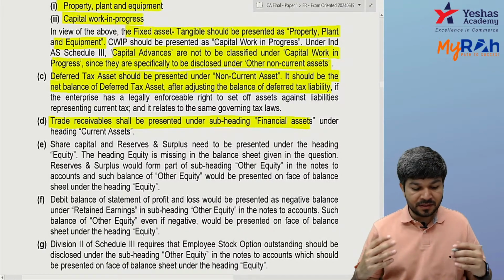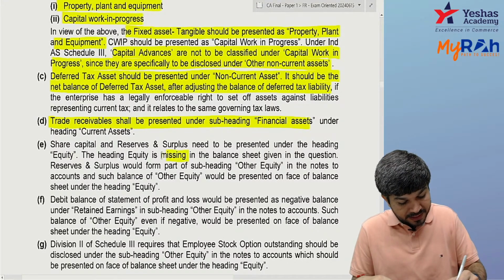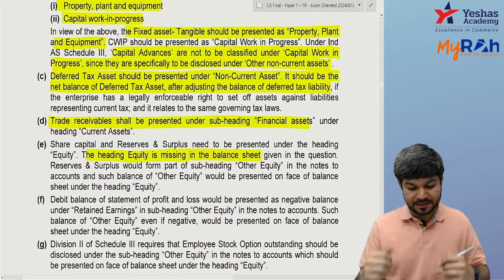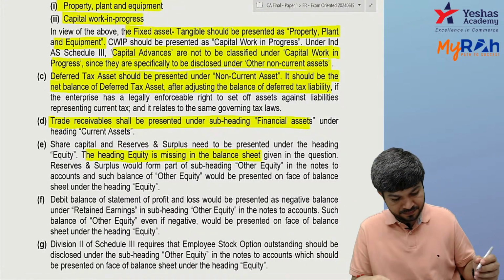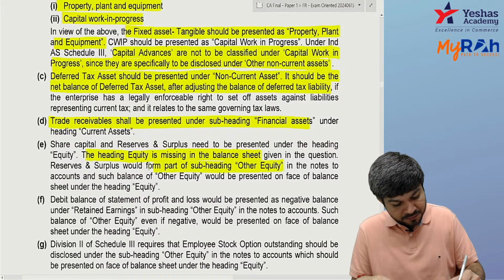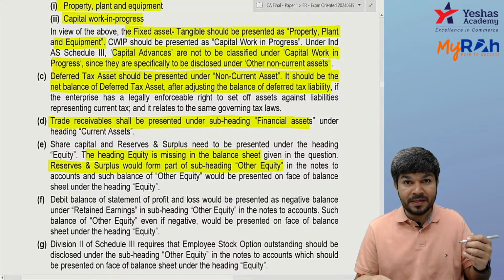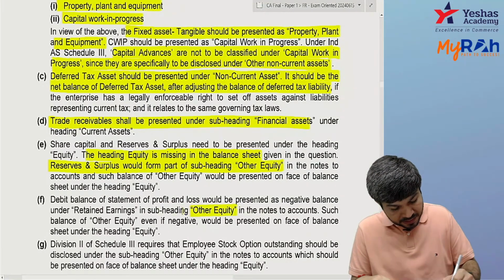Share capital and reserve surplus should be under the main heading equity. The heading equity is missing. Under that we'll have equity share capital and other equity. The reserve surplus would form part of other equity, so in its place, other equity should be there. The P&L debit balance I'll be having under other equity.